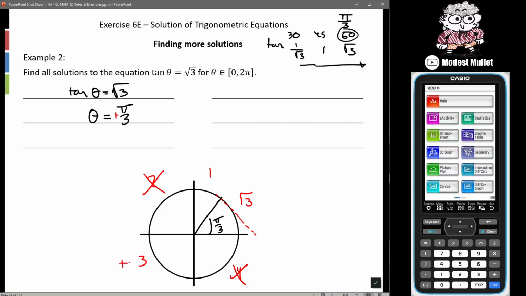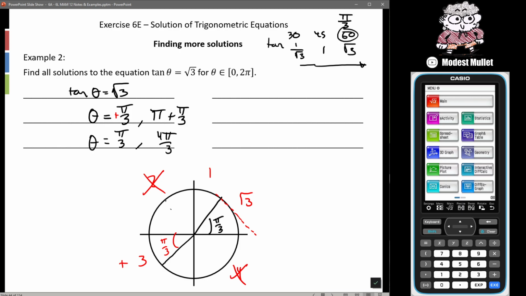Tan is positive in the third quadrant, so I need to find what's the matching angle here. Coming around here, the next one is pi plus pi on 3, which is 4 pi on 3. So there are my solutions.